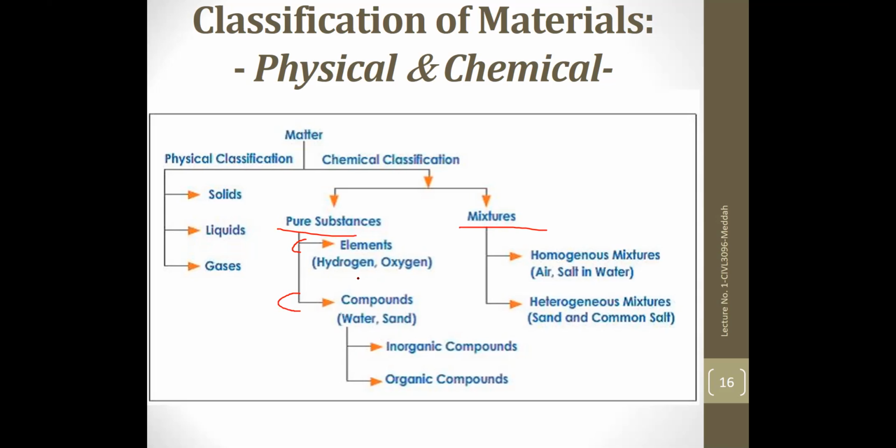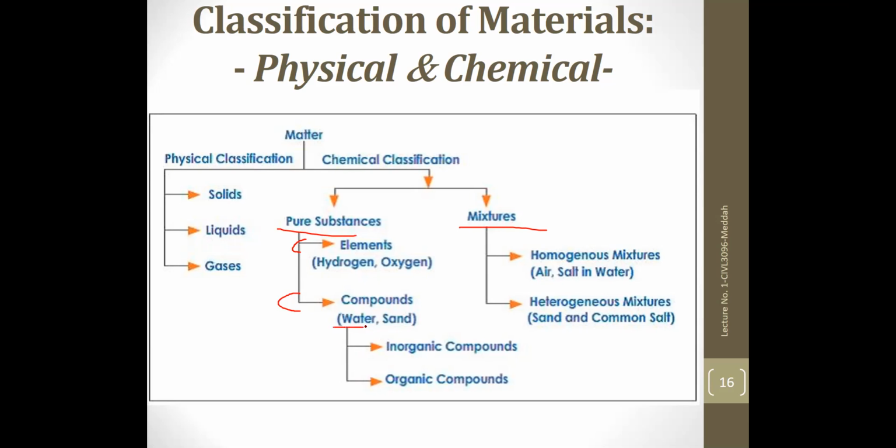Example of element, let's say you have hydrogen, oxygen, nitrogen, and so on, as many other examples of pure substance that is formed by one single element. Or you could have a pure substance, but in a form of compounds like water or sand.